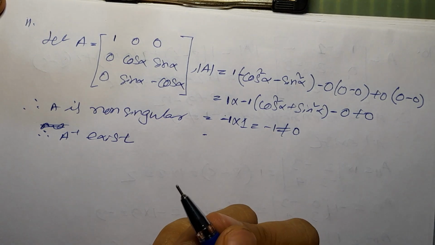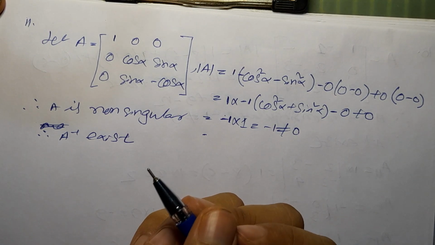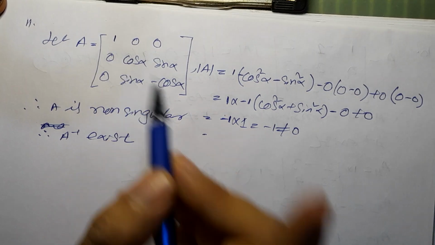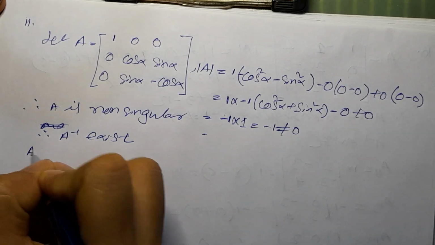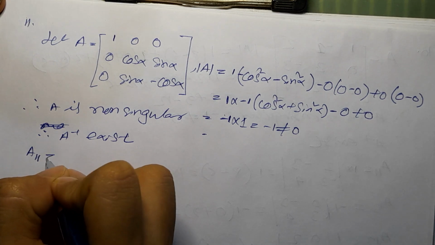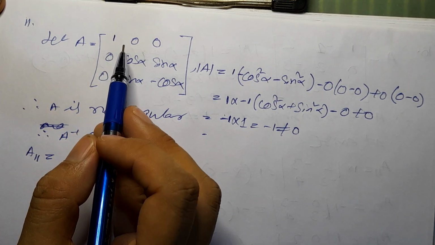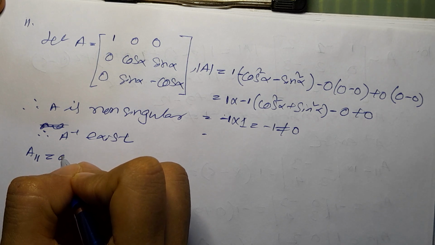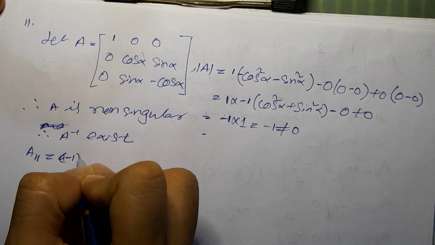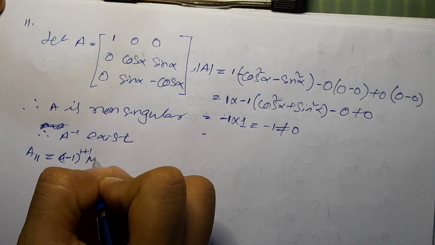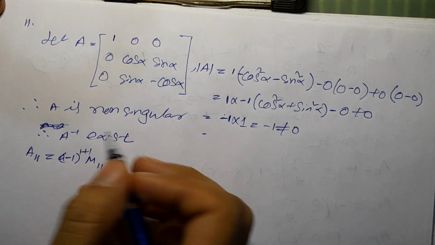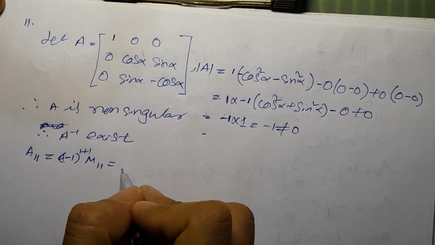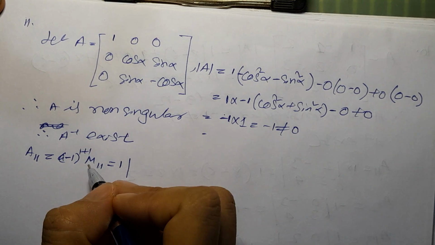So for finding the inverse, we need the adjoint. For finding the adjoint, we need the cofactors. So we need to find A11, that is a cofactor. A11 is equal to minus 1 power 1 plus 1 times M11. So minus 1 power 2 is 1, times M11.